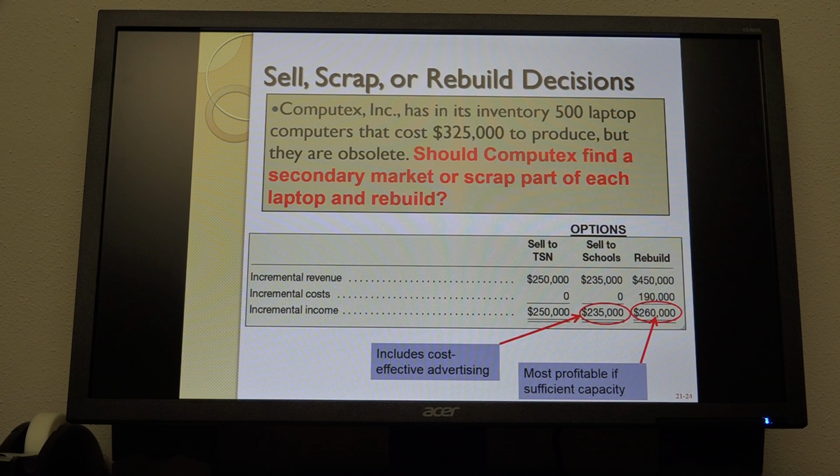Another option is to sell to a school district or districts for $235,000. So certainly between those two options, not giving any consideration to non-financial matters, they should sell to TSN, right?